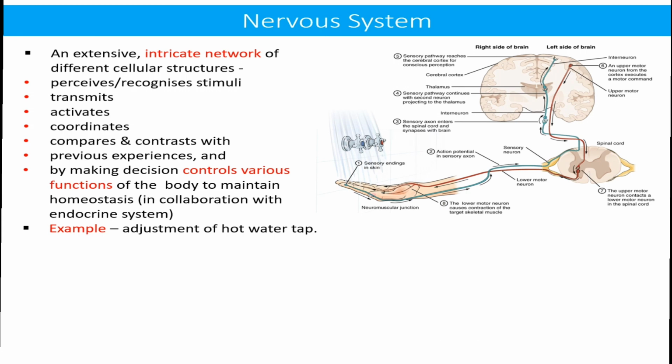They coordinate these stimuli, compare and contrast with previous experiences, and by making decisions control various functions of the body to maintain homeostasis. And this is achieved in collaboration with the endocrine system. An example, as we can see in the diagram, is adjustment of a hot water tap.